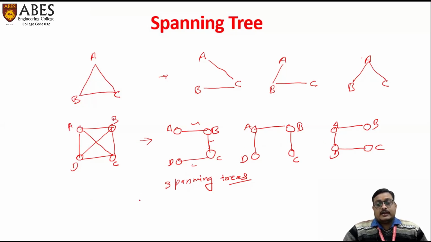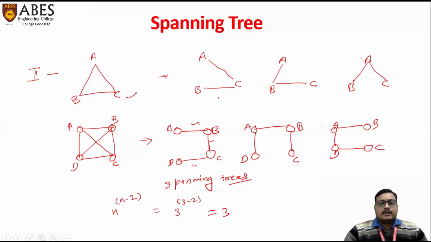If we want to calculate how many spanning trees are possible in a graph, for this we can use a formula n to the power n minus 2, where n is the number of vertices in the graph. Okay, so let's take this example. In the first graph, here we have three vertices. So how many spanning trees are possible? 3 to the power 3 minus 2, that is 3.